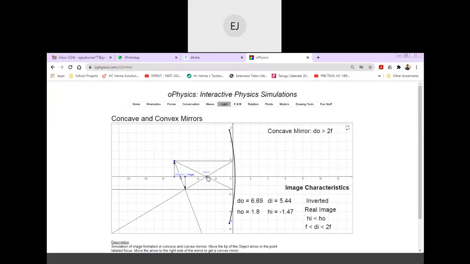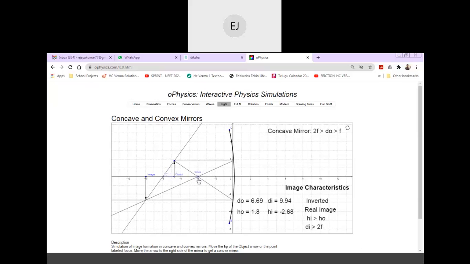If I make it 2, it is becoming 4. If I make it 4, the center of curvature is becoming 8. We can say the midpoint of center of curvature and pole, we call it as focus.